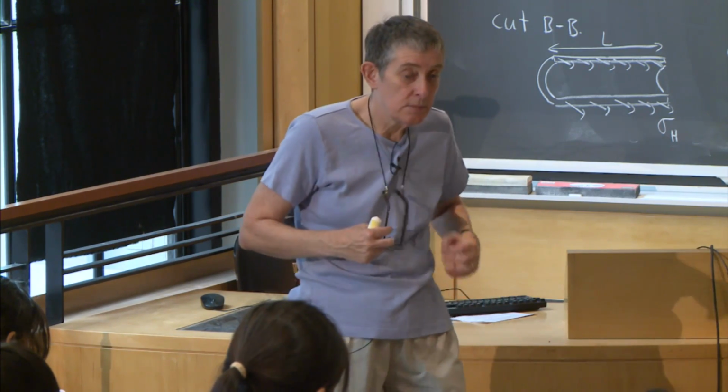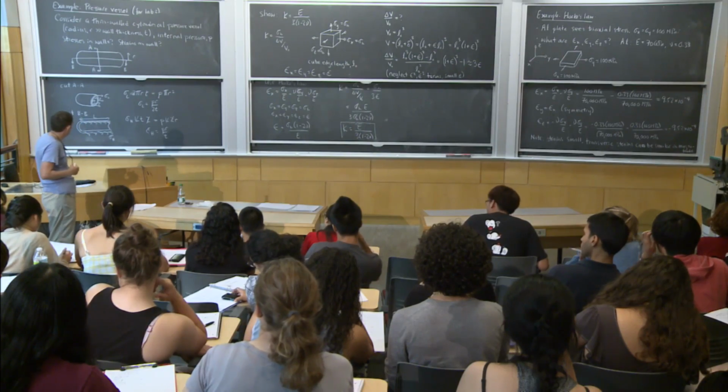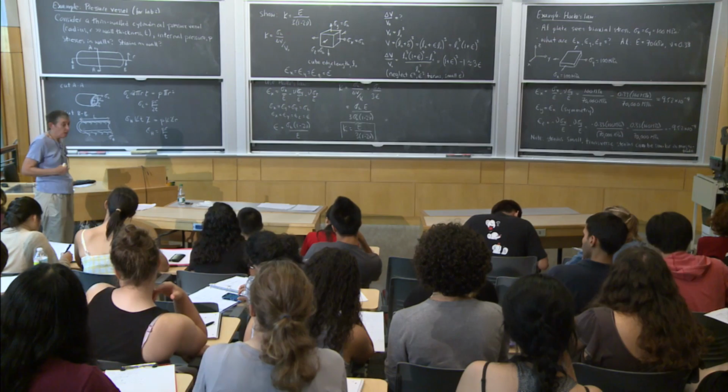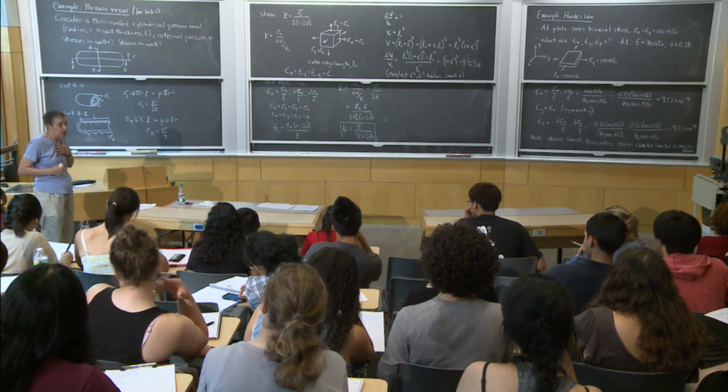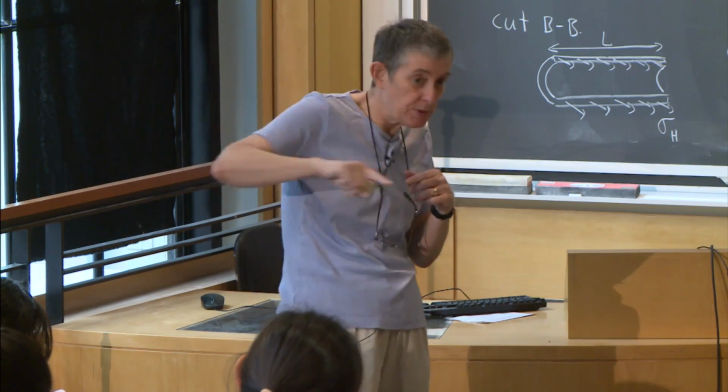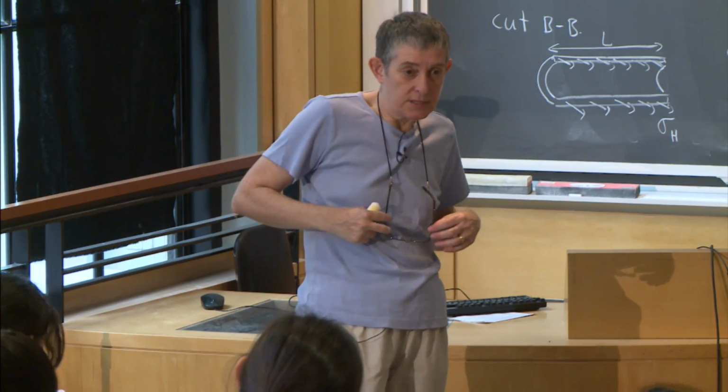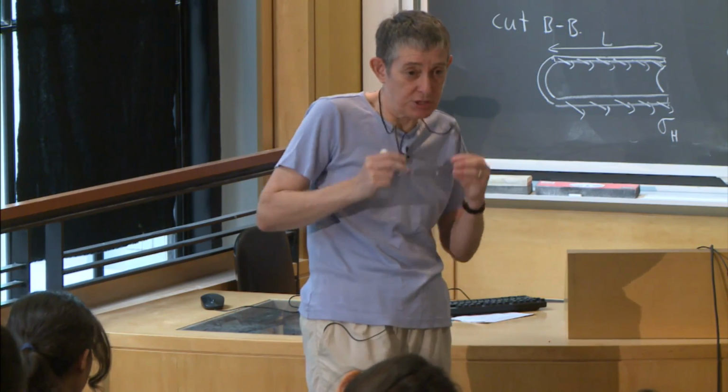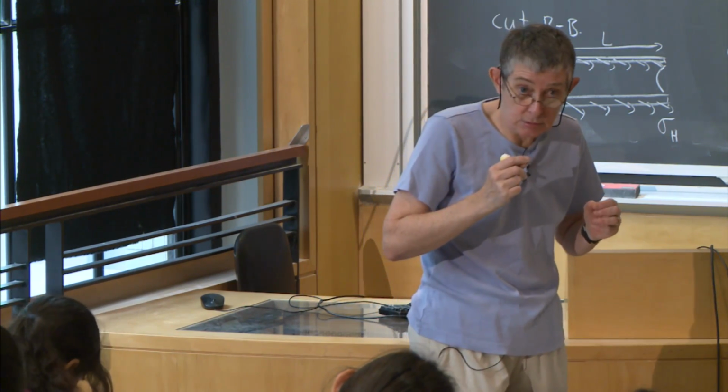Are you using the capital H to denote hoop, or hydrostatic? Sigma capital H is hoop. So it goes around the circumference. Sigma little h is what I used for hydrostatic. Are we all good?